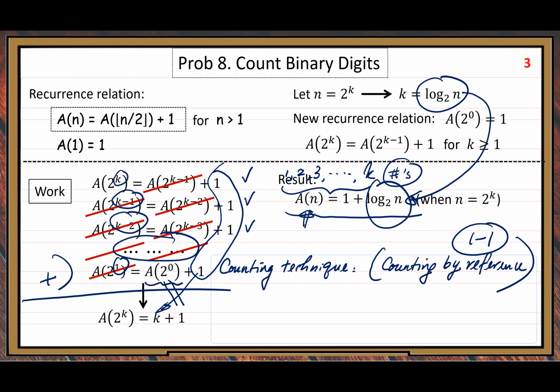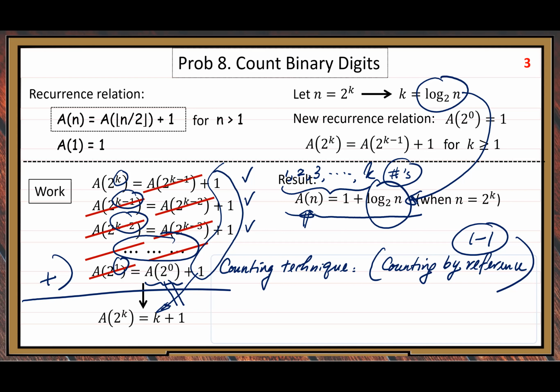But our goal, if you want to solve the problem completely, is to find the formula where N is an arbitrary positive integer. So there is a gap, right? There is a huge gap. How can we bridge that gap?